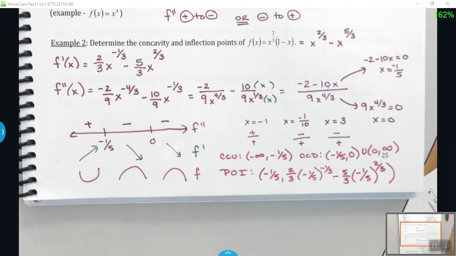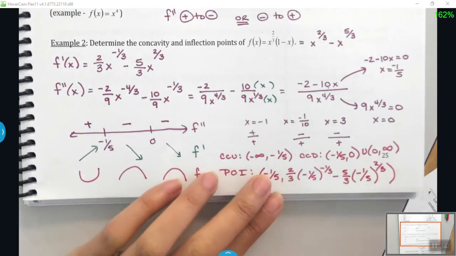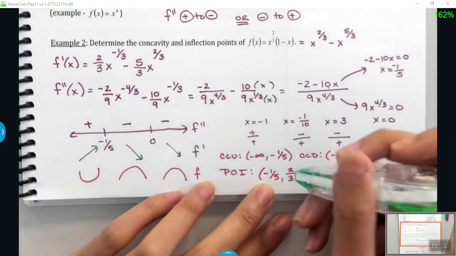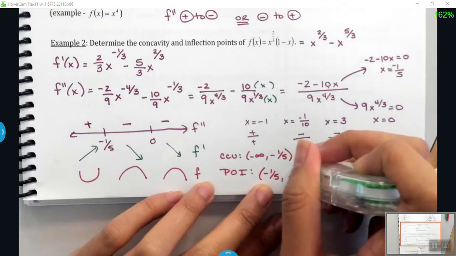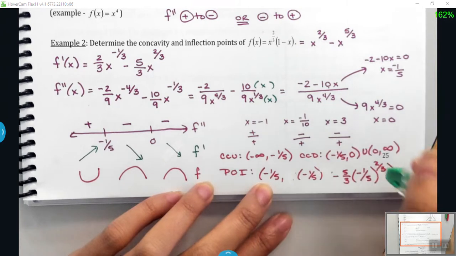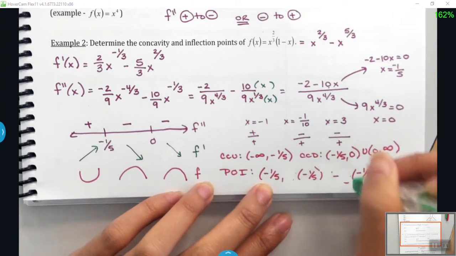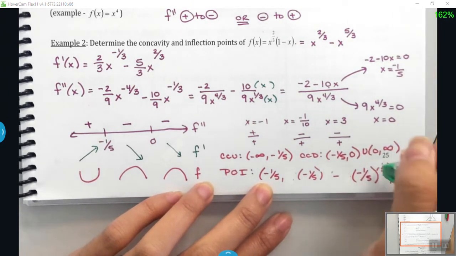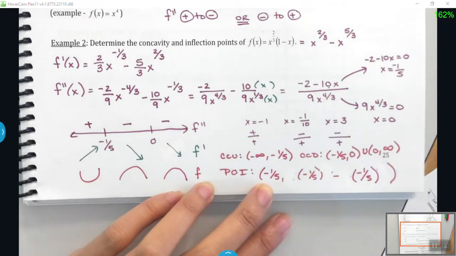Oh no, I plugged it into the derivative. You guys didn't stop me. I hate you so much. Why didn't you tell me? How dare you? Now I have to erase all of this stuff. It's all because of you.